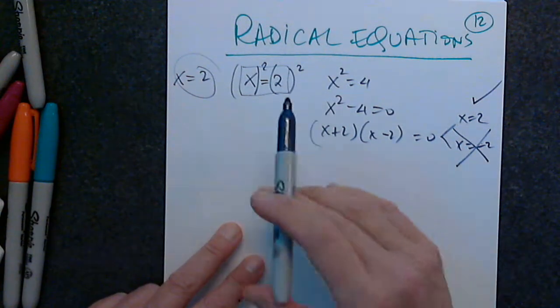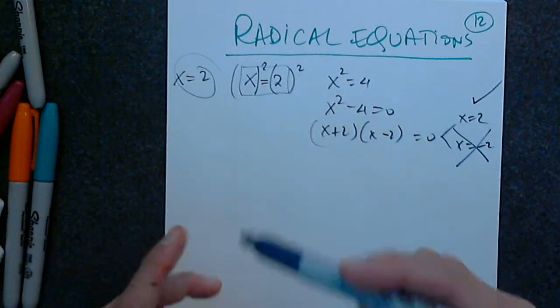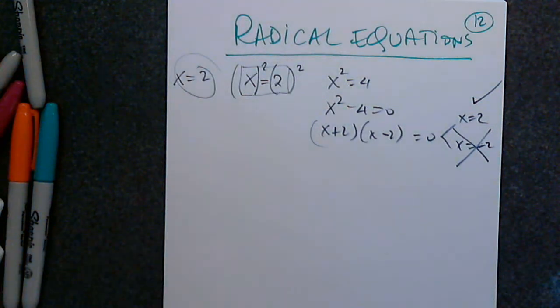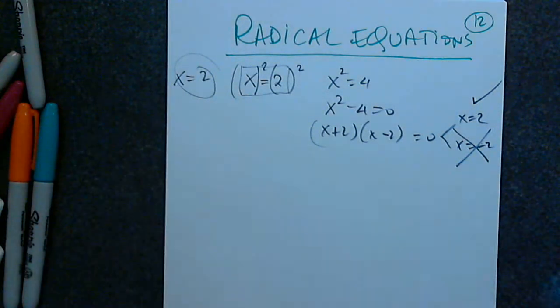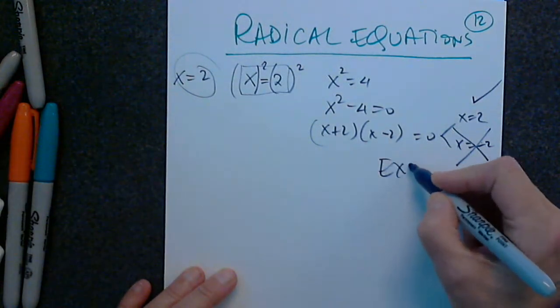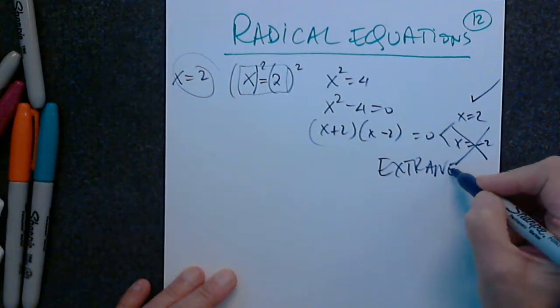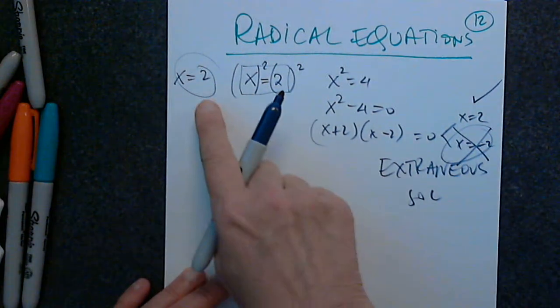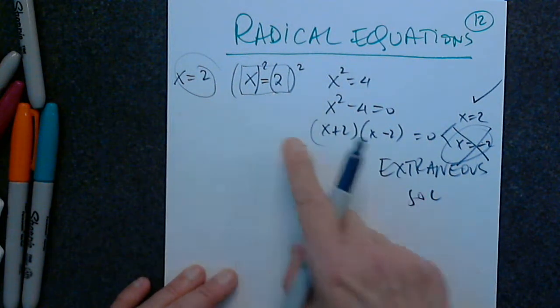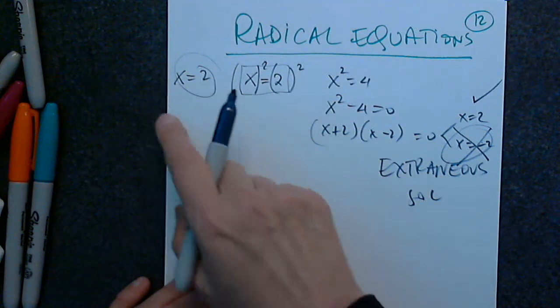The point I'm making is that this principle of raising both sides to a power may result in solutions that do not work in the original problem. We call them extraneous solutions. This is an extraneous solution. Doesn't work here. If I replace x by negative 2, negative 2 does not equal 2.